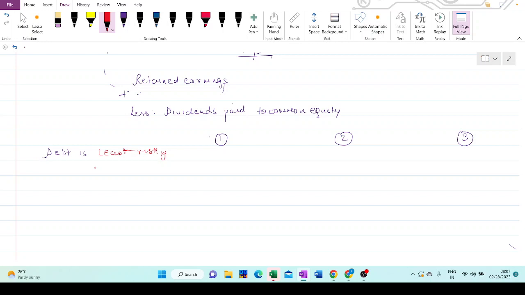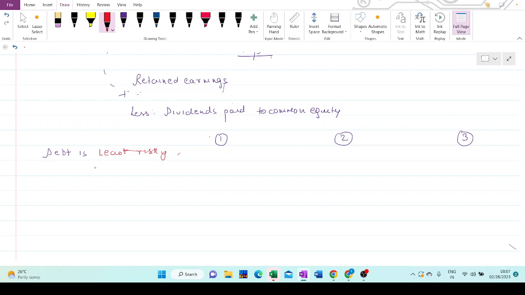They are the first to receive payment of interest. Dividends to preferred shareholders and common equity shareholders are paid after we pay interest on debt, right? So that is why debt investment from the perspective of the investor is considered to be least risky, right?